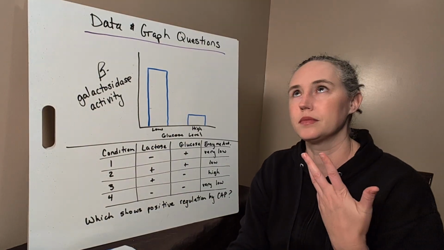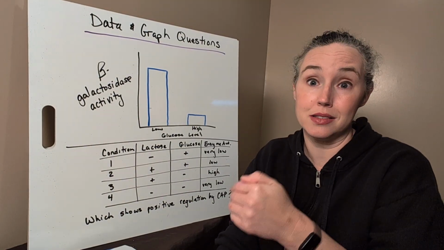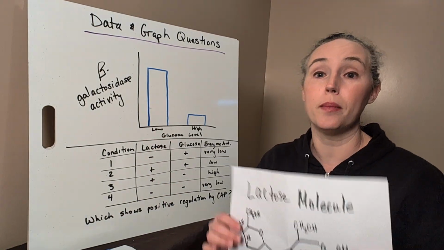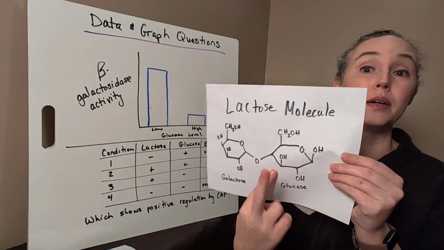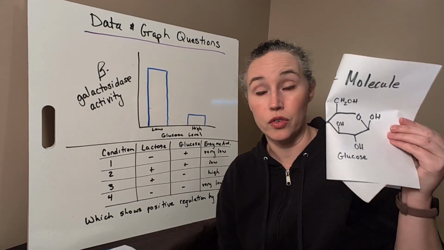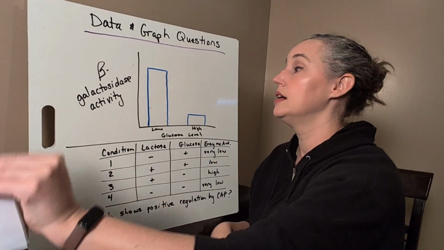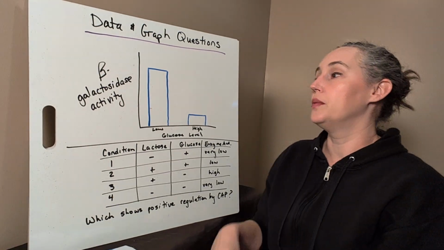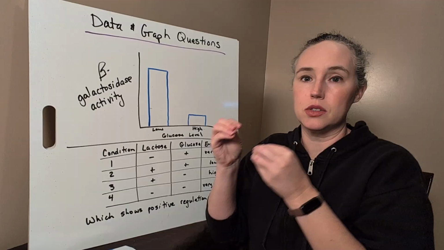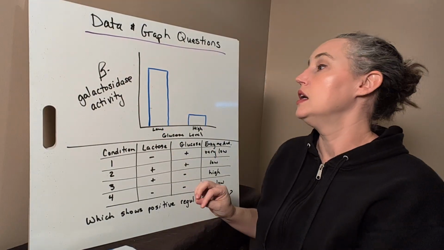Now, you don't have to know that LAC-Z codes for beta-galactosidase. You don't have to know that beta-galactosidase is the enzyme scissors that actually cut and turn lactose into glucose, but that's what it is. You should be able to answer the question based on the graph alone.